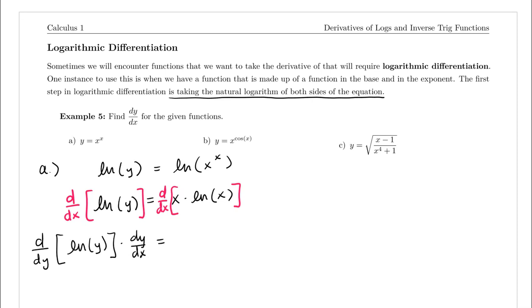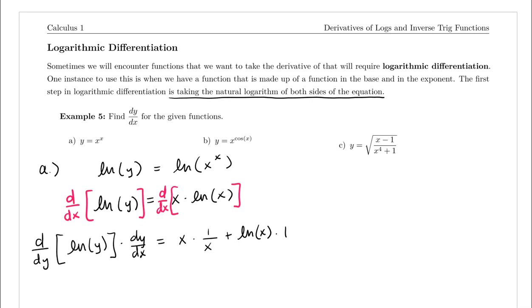On the right-hand side, thankfully, this is all a function of x, so I just need to use product rule here. So we have the first function times the derivative of the second function plus the second function times the derivative of the first function.